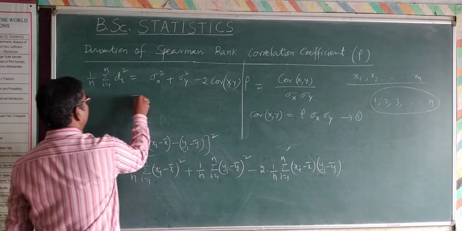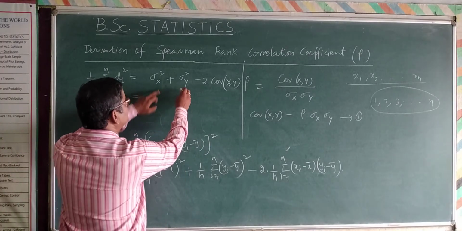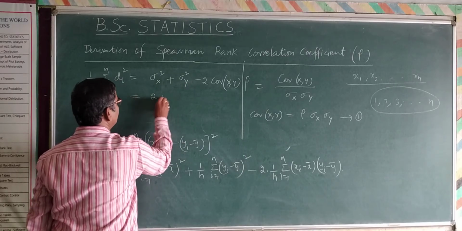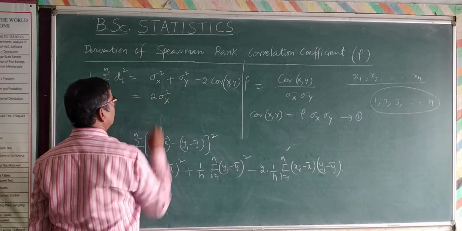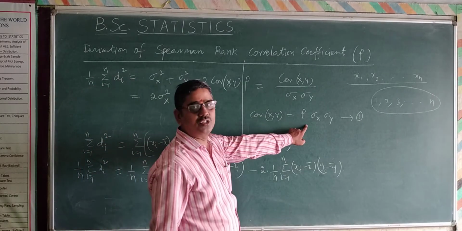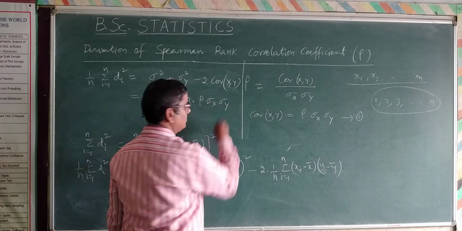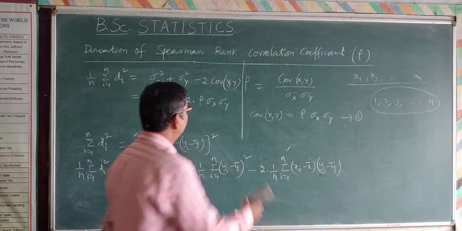Now you see, sigma square x is equal to sigma square y. So I am writing this as sigma square x, therefore this is 2 into sigma square x, minus 2 multiplied by covariance of x, y. The formula is rho into sigma x sigma y. Right?